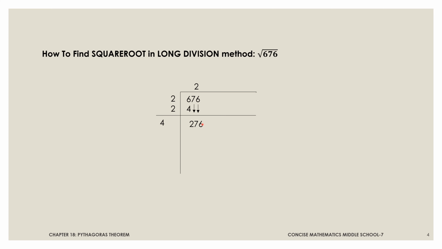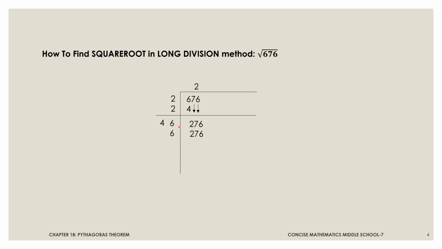So from this 27 you cannot subtract 41. So you need to bring this 6 also down. Now you can just multiply it with 6. Always multiply with the same numbers, 6, 5 or 4 like that. Okay. So 46 into 6 is 276.